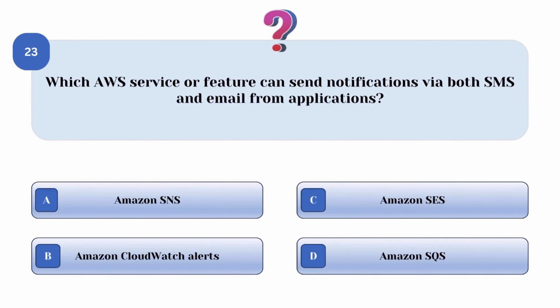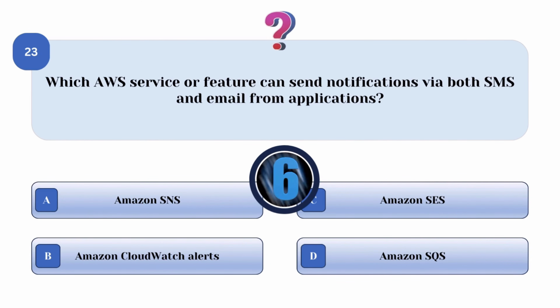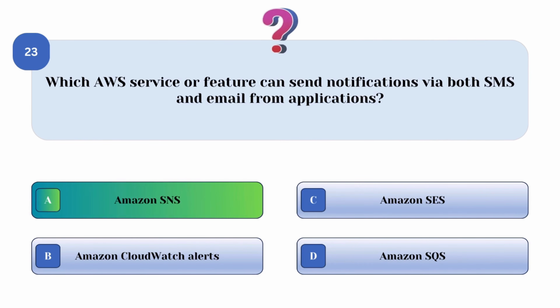Which AWS service or feature can send notifications via both SMS and email from applications? Correct answer: Amazon SNS.